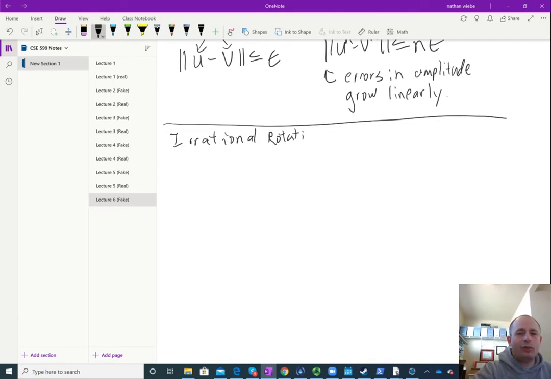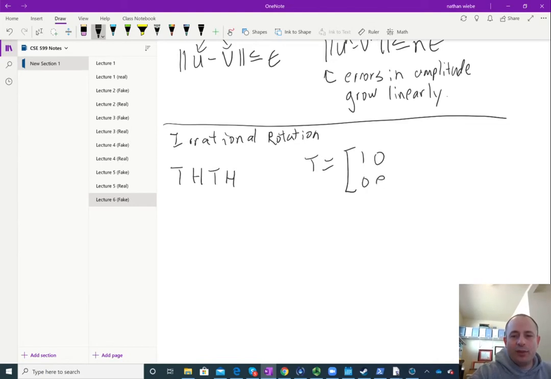Well, the irrational rotation that we carry out actually can be built in the following form: T, H, T, H. Now, recall that T up to a global phase can be expressed as e to the i pi by 4.